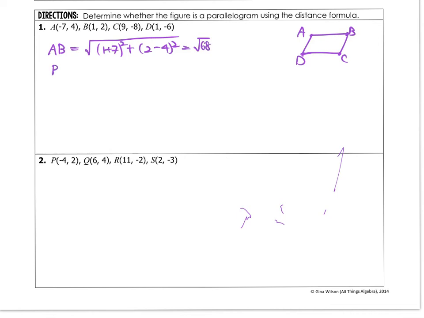And then you have to calculate BC using the distance formula as well. So that would be 9 minus 1 squared plus negative 2 minus 2 squared. This comes out to be square root of 164. Then I have to do CD.